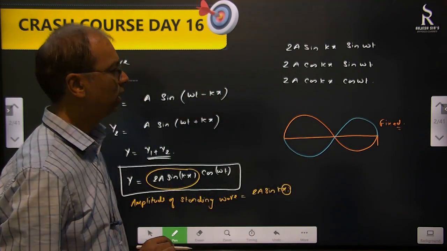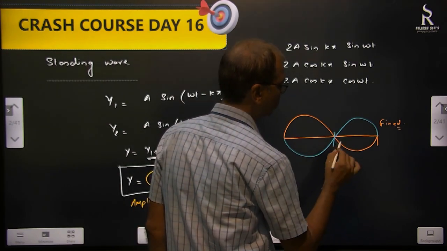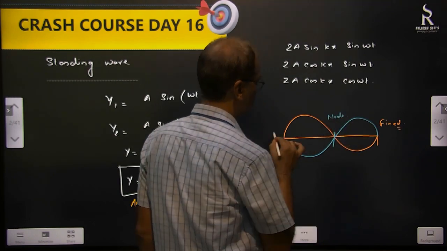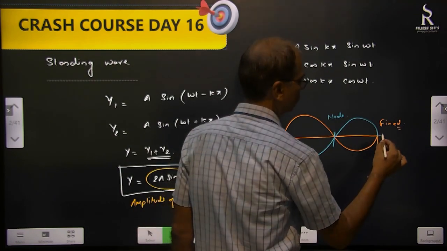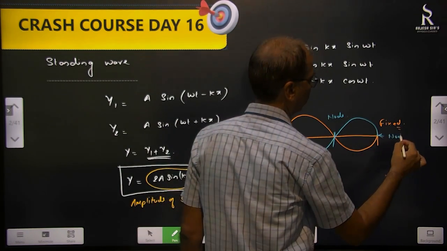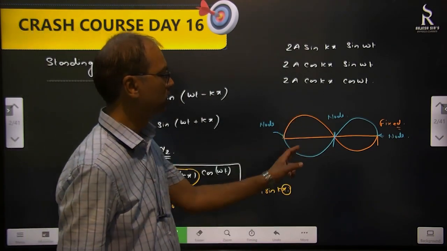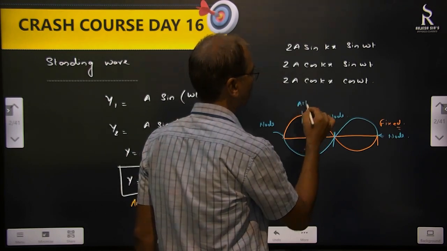In this one, these points are always at rest. We call them nodes. And this is also a node, and this here is also a node. The points where you have maximum amplitude are called antinodes. This is an antinode here, and this is also an antinode.